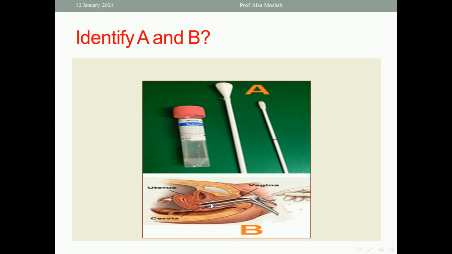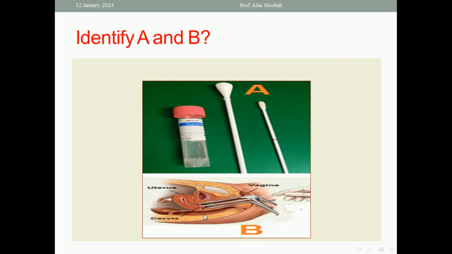Insert it inside the vagina till reaching the external os. Then rotate 360 degrees and another 360 degrees. Then remove it without touching anything, insert it inside a clean tube, close it, and send it to the lab for evaluation of the organism and for culture and sensitivity test.